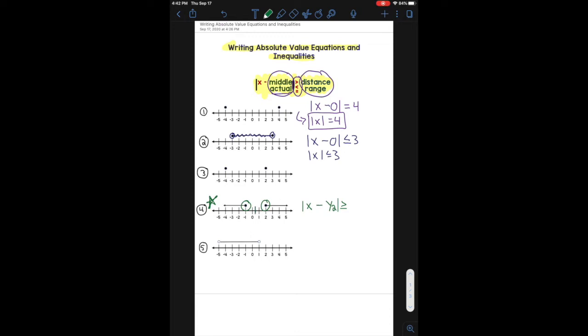And then what is the distance from the central number to the outside values, or the first solutions? It would be 1/2 plus 1, so it would be 1.5. You could write it as 1.5 or 3/2. In this case, there's nothing to simplify inside the absolute value, so we would leave our answer like this.